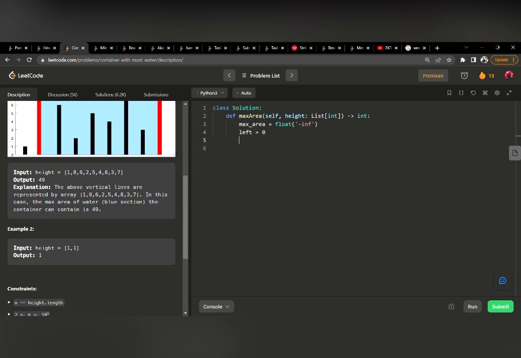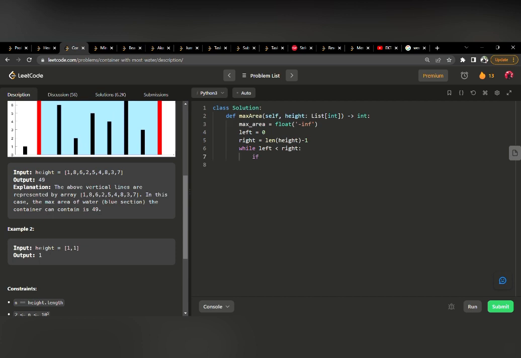First would be the left pointer, second would be the right pointer, which will point towards the last index. So the last index would be length of height minus 1, while we iterate over it, while left is smaller than right, right?